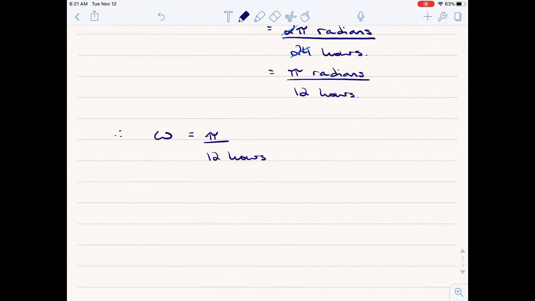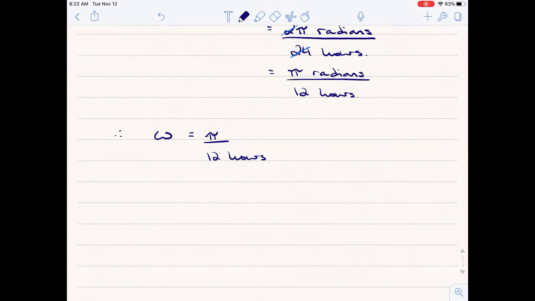This next thing is overkill because it's not something you'd probably think about, but it is something we should be thinking about. Remember, omega is an angle, so it can be positive or negative. We're just going to make it positive, which means that we're assuming that the Earth is spinning counterclockwise.